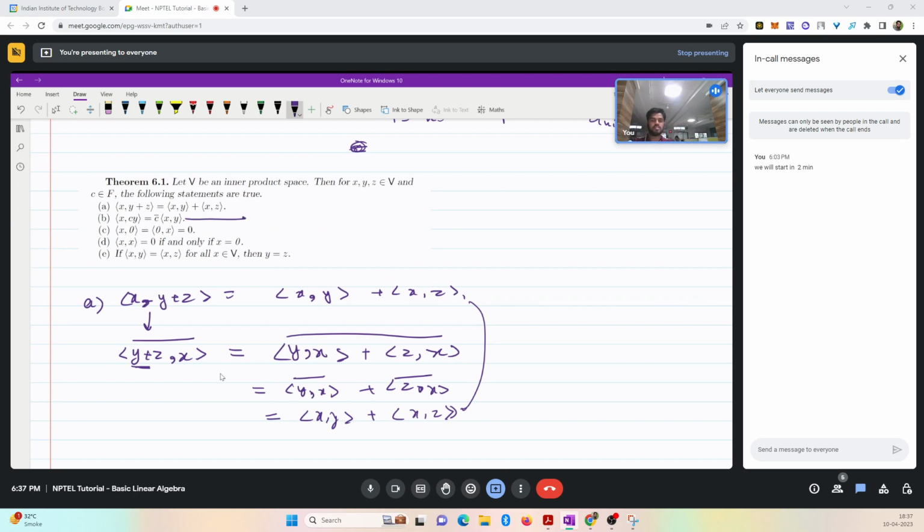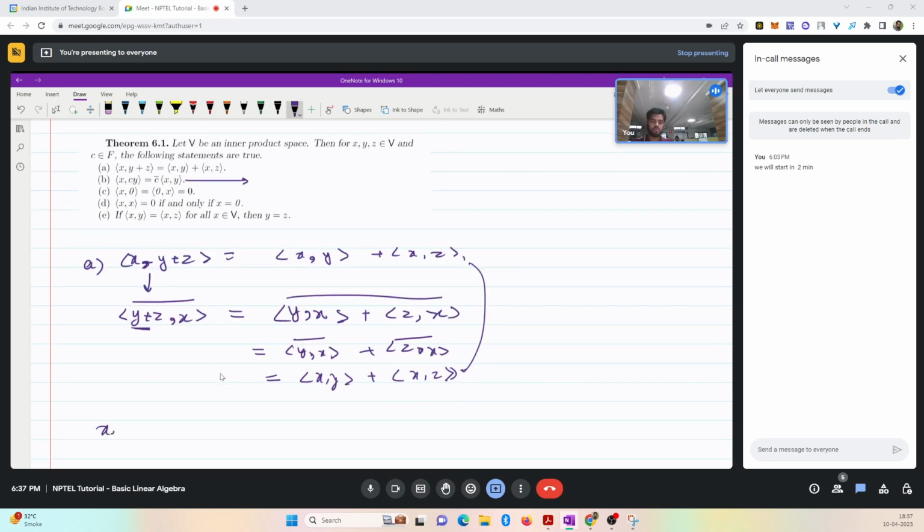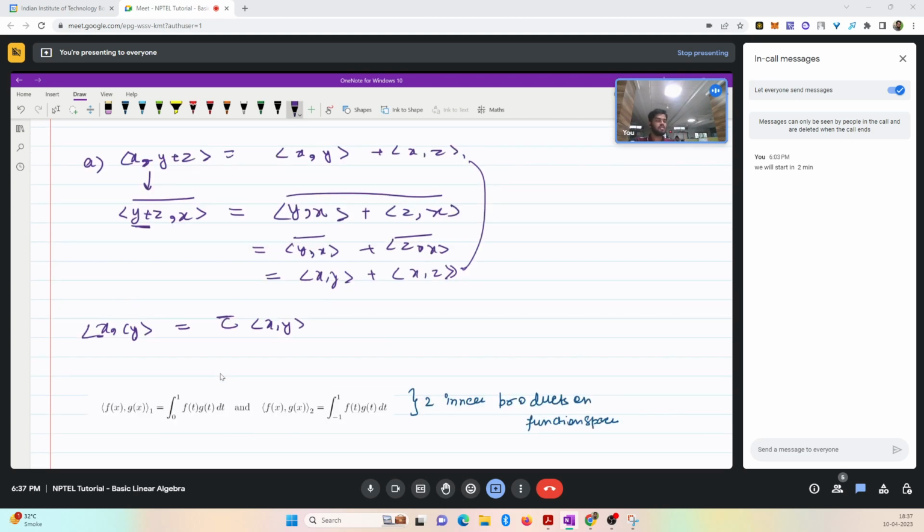Now again, this property is very similar to one that we proved: if we have <x, cy>, then this is equal to c conjugate times <x, y>. So when we had c at the first position, the c came out as it is. But if we have a scalar at the second position, then it will come out as its complex conjugate. Okay.